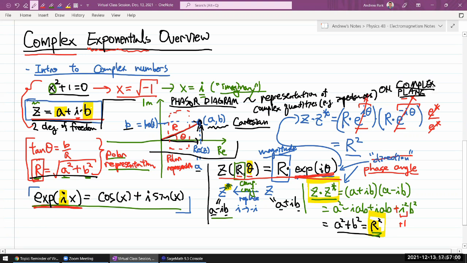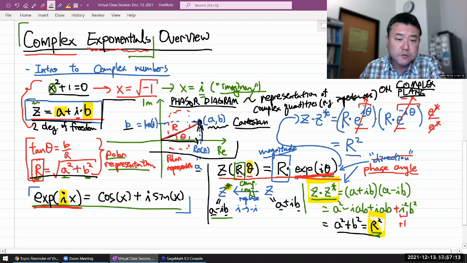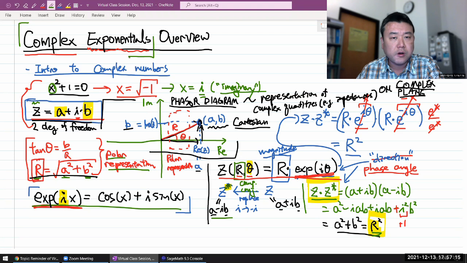And really, the biggest advantage of working with complex exponentials specifically is that when you are working with phasors, you have quantities that by their nature have 2 degrees of freedom.